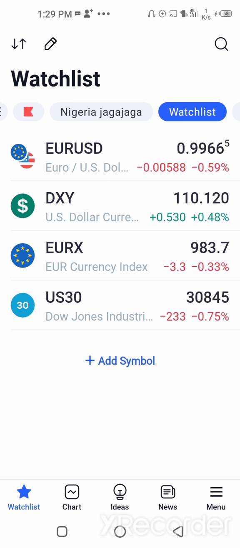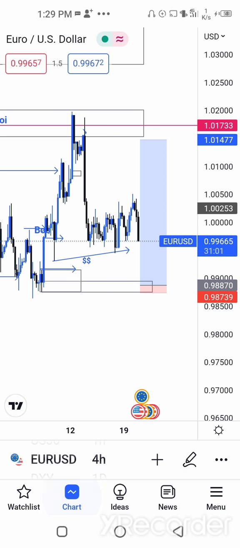My watch list, I only trade Euro USD and US 30. Though the short was taken, I took the short because I know where price is kind of heading to. I know what's kind of going to happen to the price. So I'm waiting for this actual trade, which may or may not be delivered. But I don't just enter. I wait for my confirmation before I go in.